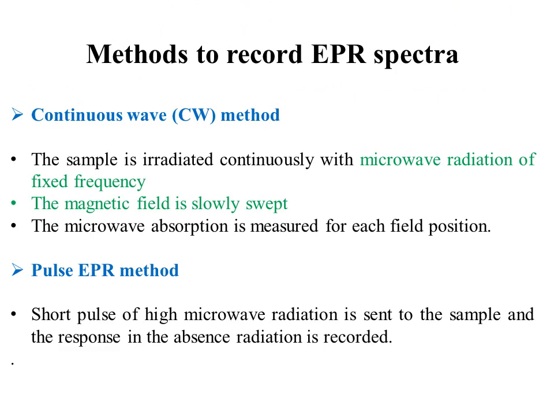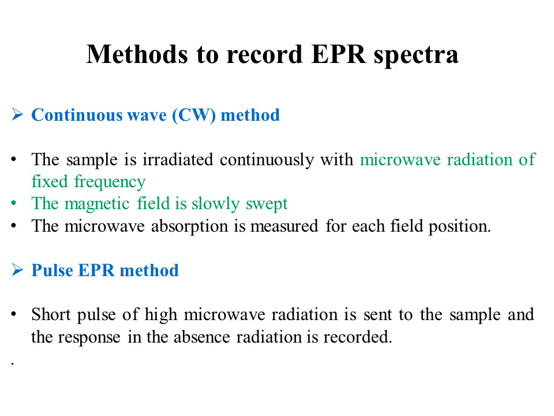Methods to record EPR spectra. There are two methods to record EPR spectra. One is the continuous wave method and its short form is the CW method. The sample is irradiated continuously with microwave radiations of fixed frequency and the magnetic field is slowly swept.